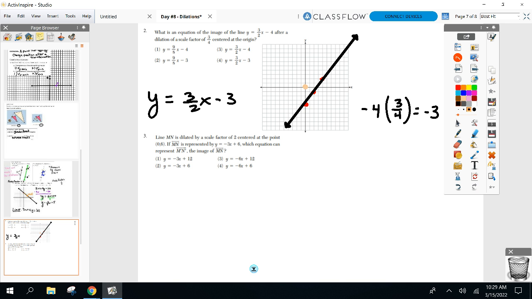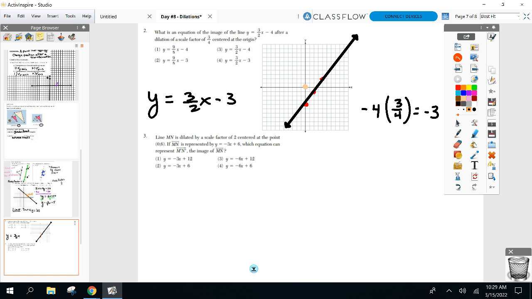That was your scale factor. It's getting 3/4 closer. So I just took -4 and multiplied it by the scale factor. All right. They're parallel, slopes remain the same, and I multiply my y-intercept by the scale factor.